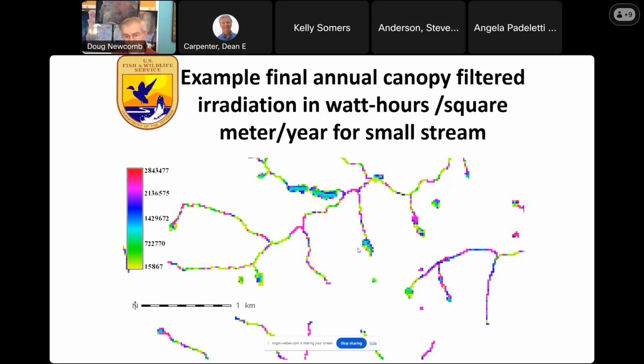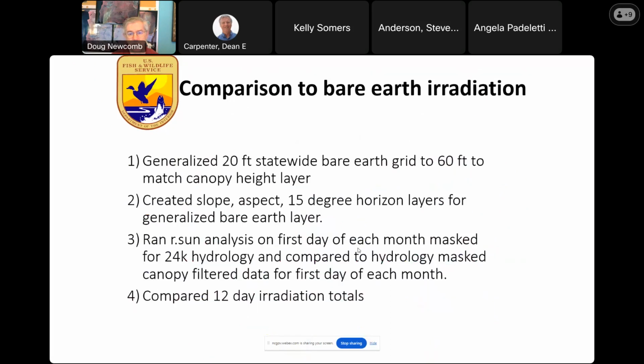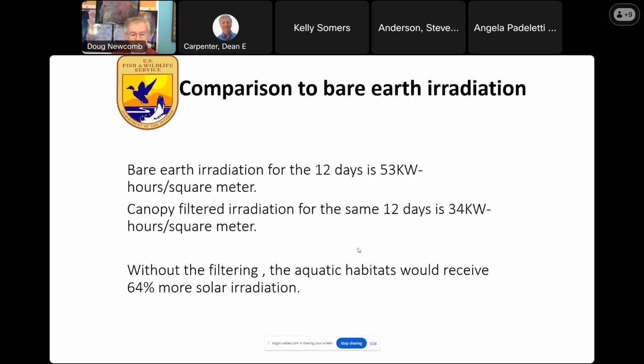And I did that for the whole state. Then I did a comparison at the first day of every month for a bare earth version versus having the canopy filtering. And I found that without the filtering, the areas that I looked at had about 64% more solar radiation hitting the water. It was just a test of concept.